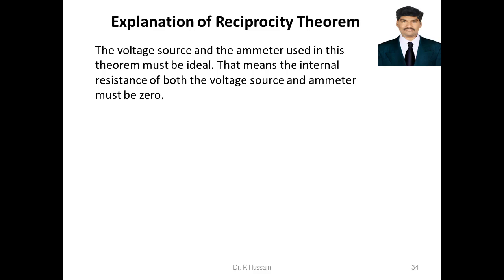That means the internal resistance of both the voltage source and the ammeter must be 0. That is the first condition.